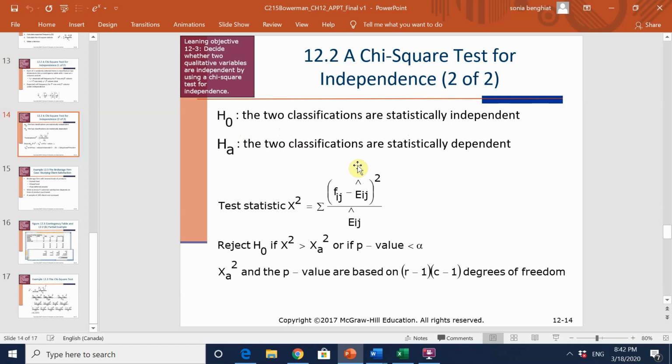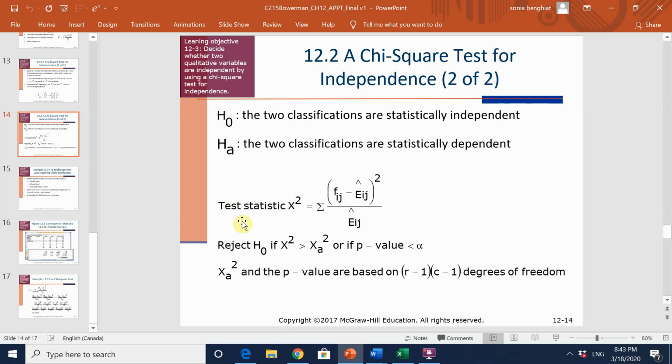It says that the two classifications are statistically not independent, or dependent, if you wish. And this null hypothesis will be tested at a specified level of significance alpha. So alpha again can be 0.05, 0.01, or 0.10, depending on what you're interested in using.